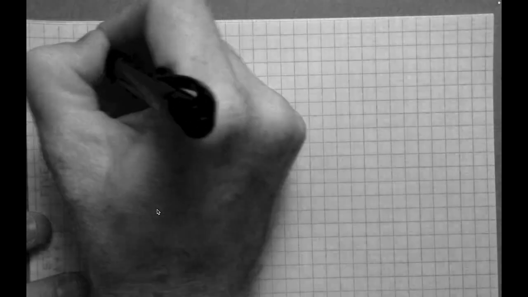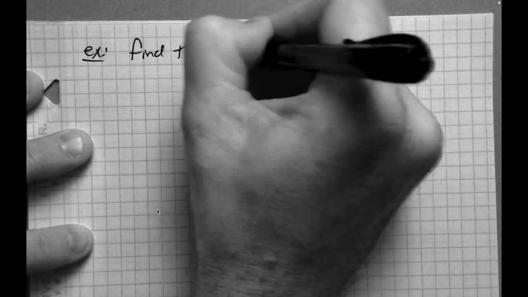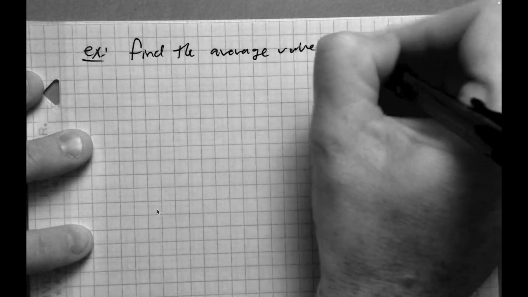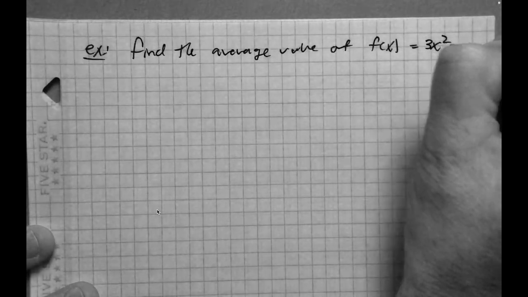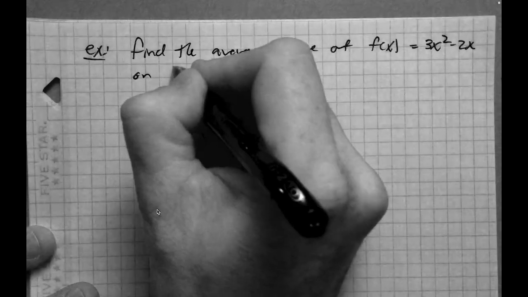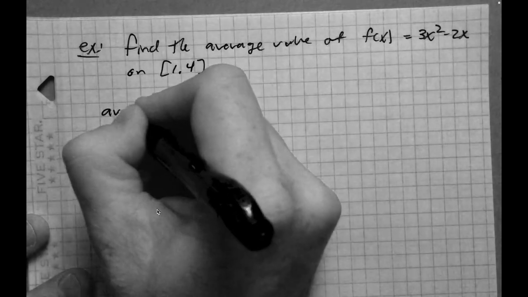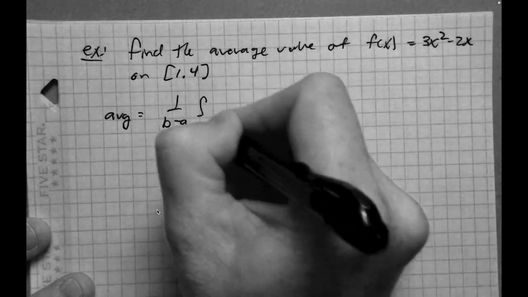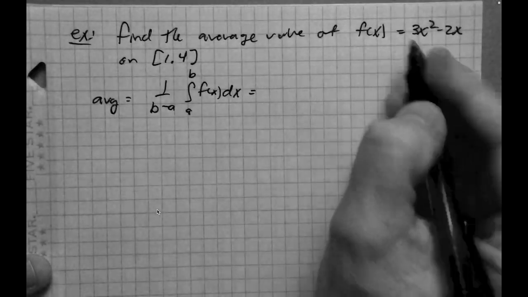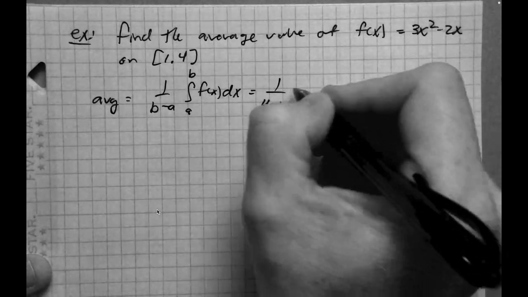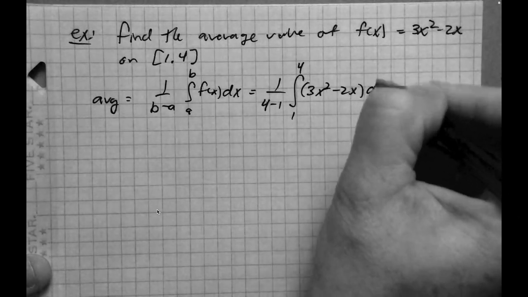Okay, so let's do a quick example of this. Let's find the average value of f of x equals 3x squared minus 2x on the interval 1 to 4. Okay, so we know that the average has the form 1 over b minus a times the integral a to b of f of x dx. So it's just a matter of plugging those values in. 1 over 4 minus 1 times the integral from 1 up to 4 of 3x squared minus 2x dx.